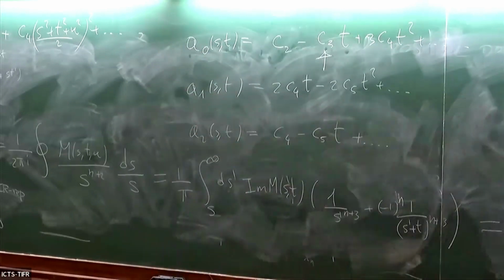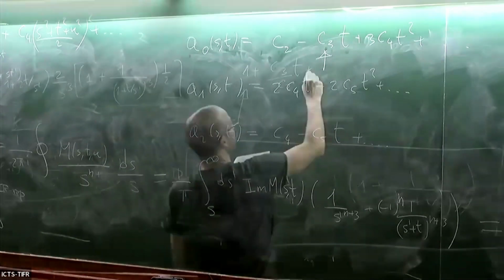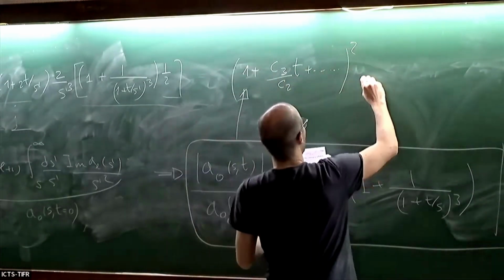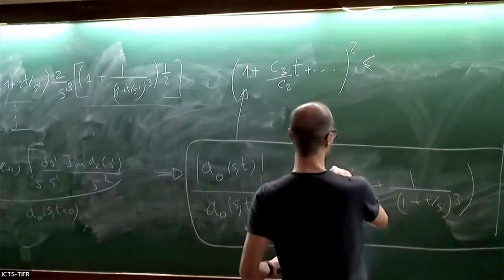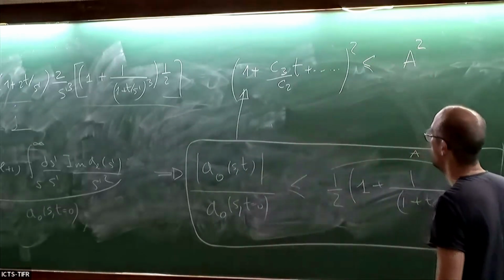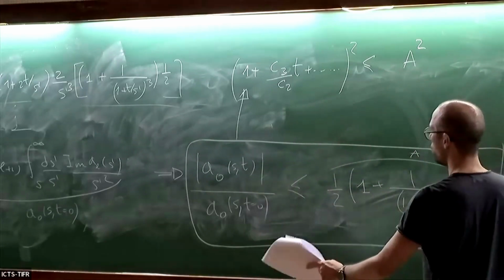So the left-hand side here is 1 plus C3 over C2 t, squared. It's bounded by this quantity here. Let me call it A squared. Okay, so far so good, no approximation yet.